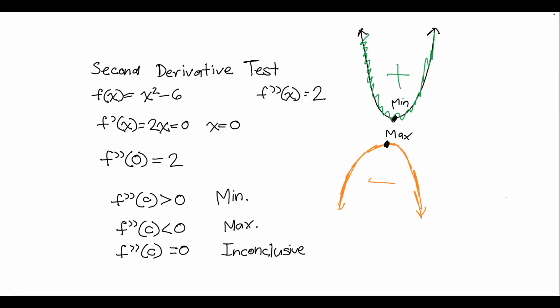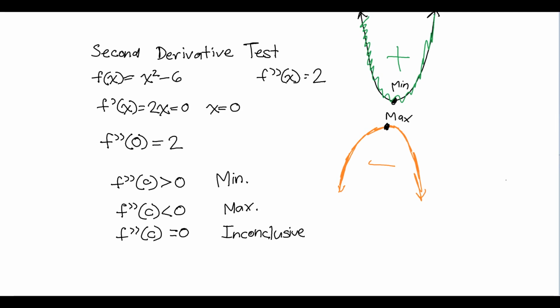What about the special case in which f prime prime of c is equal to 0? Well, it could be any. We're going to show examples of each case. If f prime prime is equal to 0, it means that you have a potential inflection point. I did show a graph of f of x equals x to the 4th, and this had a false inflection point.